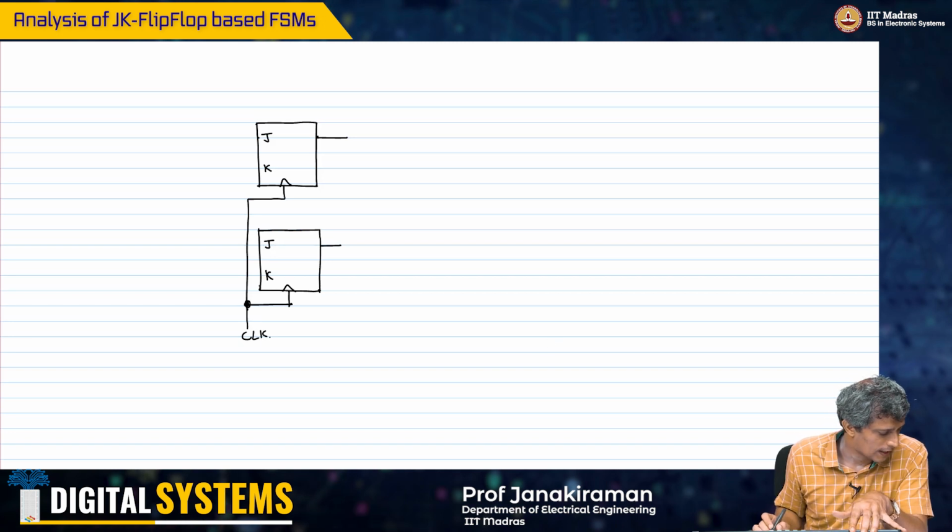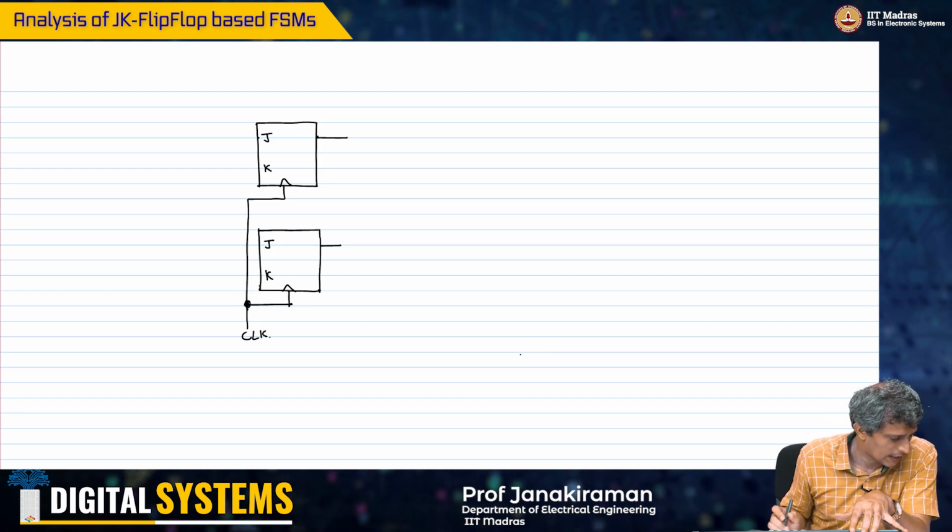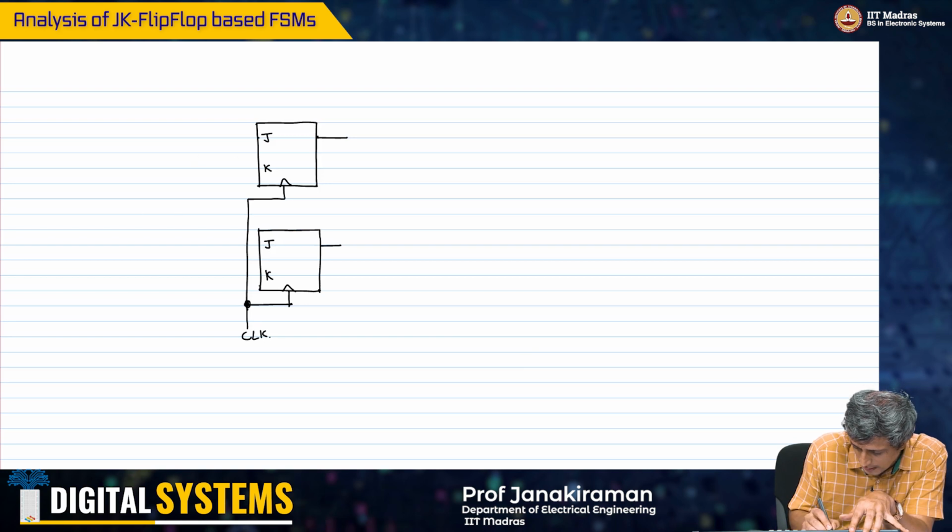So what I'm going to do now is to determine J and K like this. I have an AND gate here.